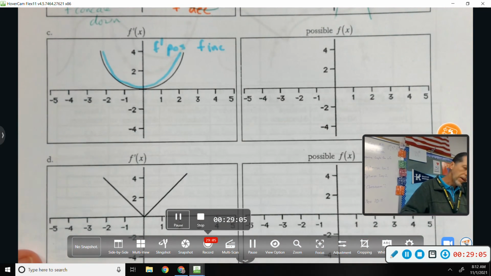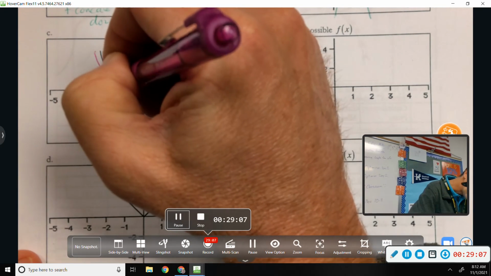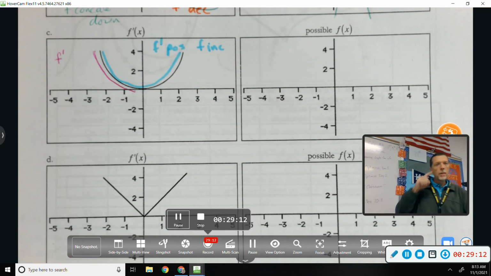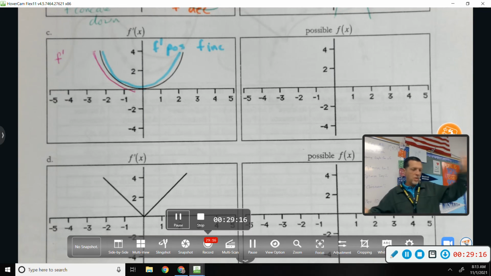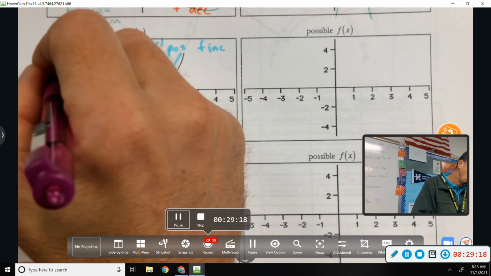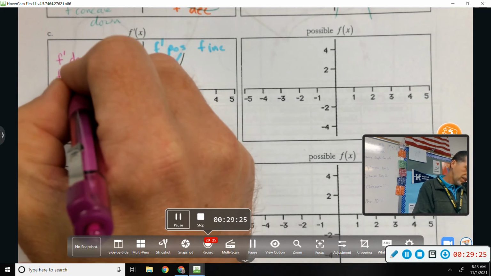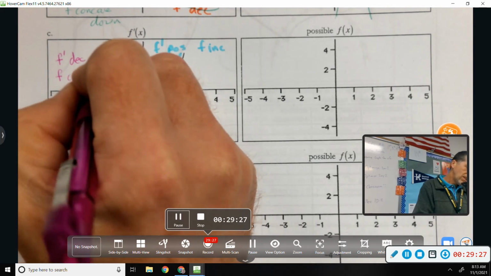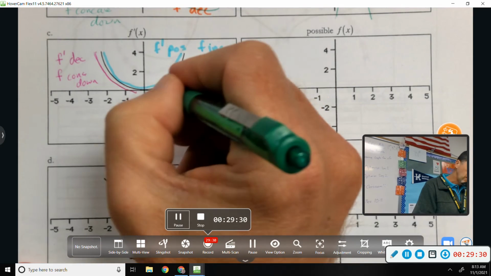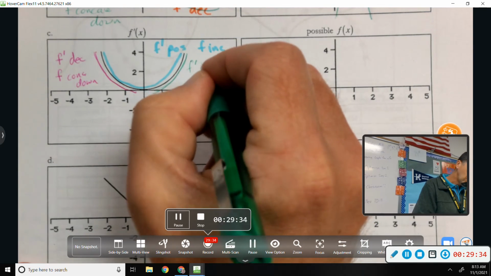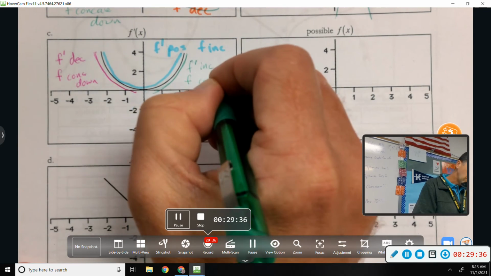What else could you say about f prime on this side? Okay, so f prime is decreasing, which means, what does that mean about f? Concave down. And then on the other side, f prime is increasing, which means f is concave up.